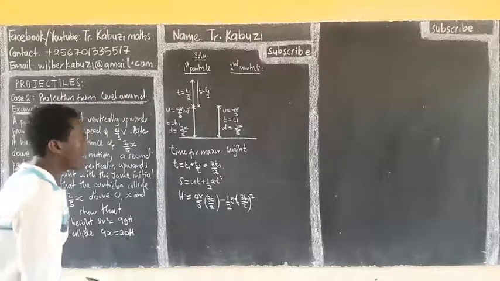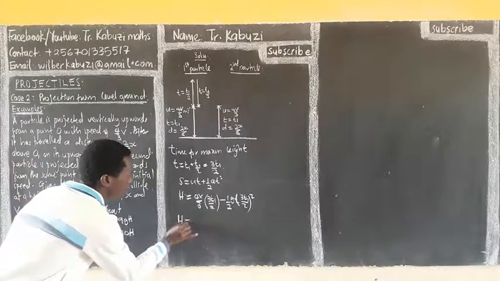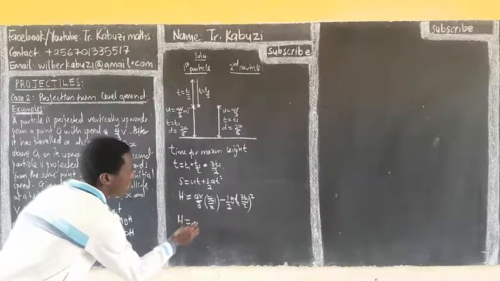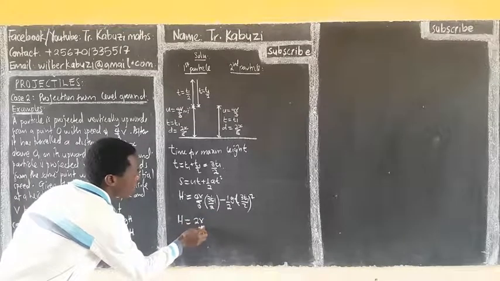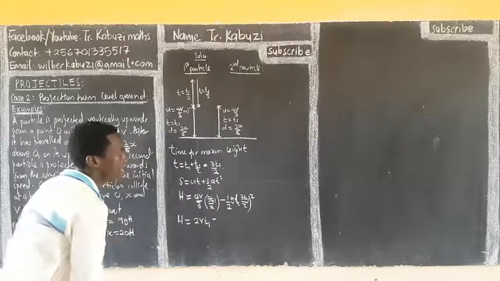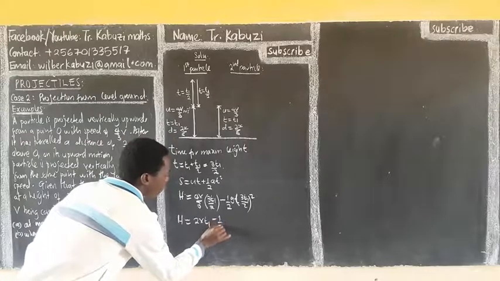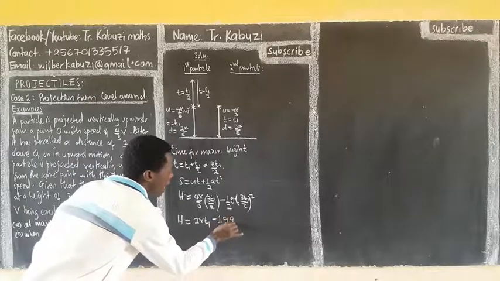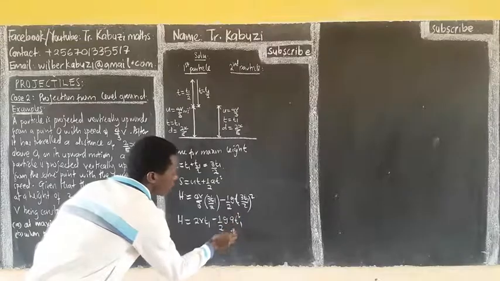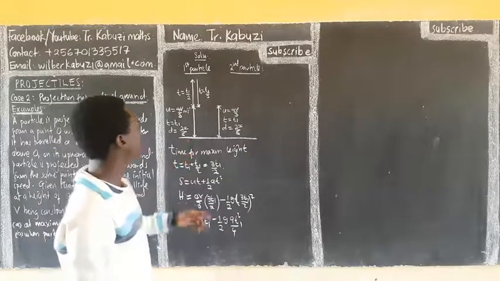Simplifying, we get h equaling, these two cancel, we get 2v, this 2, then this one, t1, then minus a half g into 9t1 squared, the whole over 4. But the question is, what is our t1?